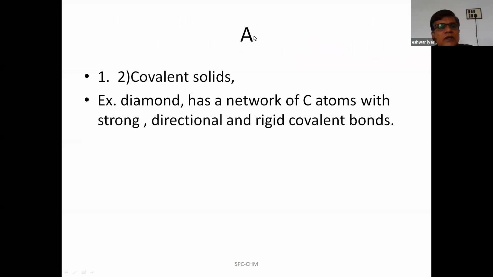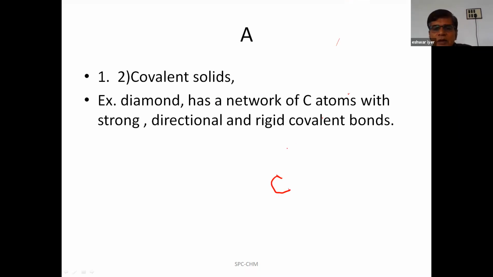So look at the answer. Yes, the answer is covalent solids have the highest melting point. Look at the example. Diamond has a network of carbon atoms with strong, directional and rigid covalent bonds. I'll just show you the arrangement here.